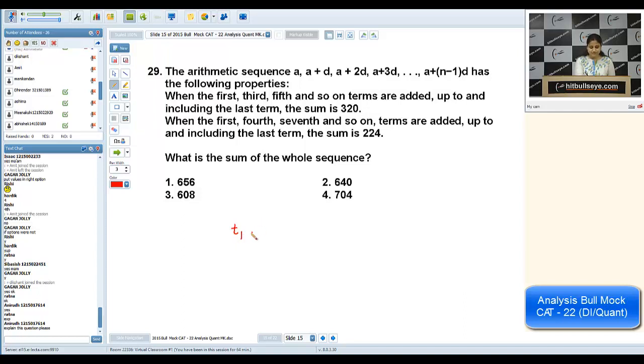The first term is T1, the second term is T3, then T5, of course next will be T7 and so on. Including the last term, the sum will be 320, that is given in this case. Now, if we take the second subsequence, that is T1, T4, T7 and so on up to TL, this is given as 224.